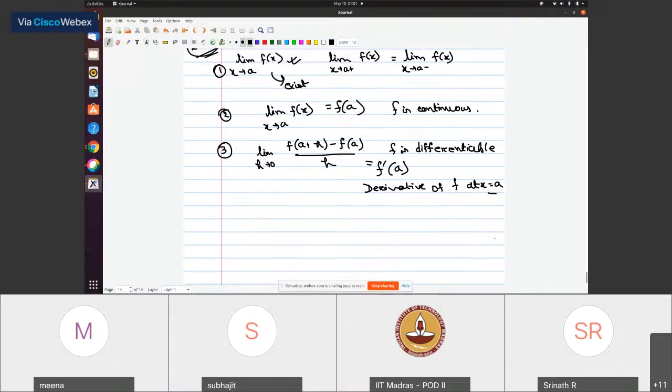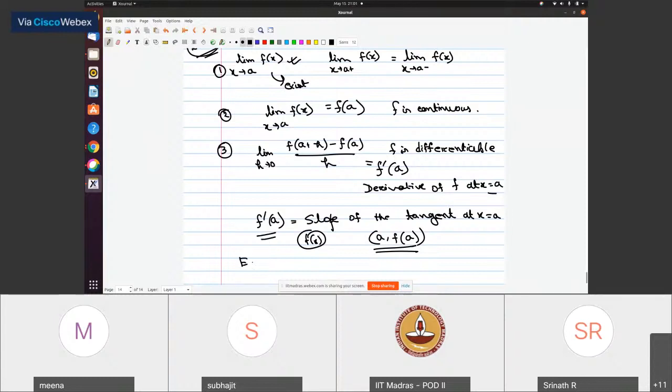Now what I said earlier in the graph is that this derivative is nothing but the slope of the tangent at x equal to a. So for the function f(x), there is a point (a, f(a)), and at that point the slope of the tangent is nothing but f dash a.